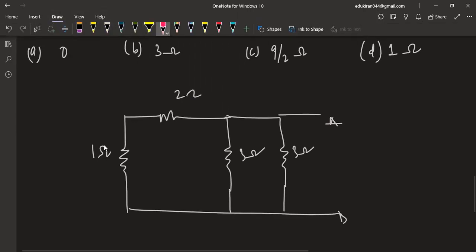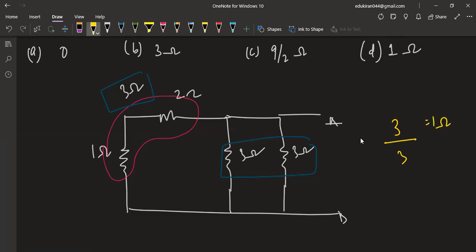Now see, 1 and 2 are connected in series. So this becomes 3 ohm. Now this 3 ohm with these 3 ohm are connected in parallel. So 3 ohm divided by 3 gives you 1 ohm. Why divided by 3?